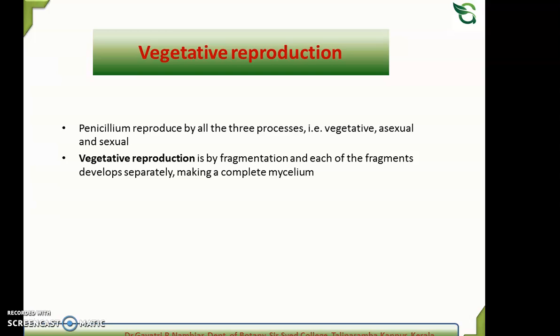That is, at certain parts, due to various reasons, the mycelium or the hyphae get broken off, and each of the fragments develops into a new complete mycelium, then into a Penicillium. Okay, so the mycelium gets broken off from various regions, and each fragment will develop into a new fungus. So this is about vegetative reproduction by means of fragmentation.